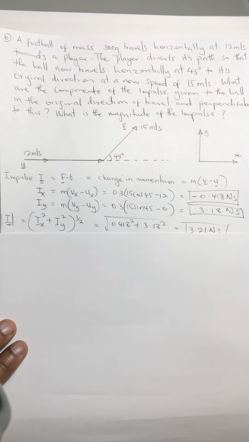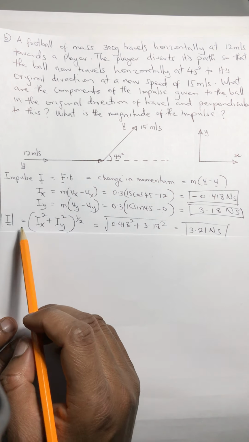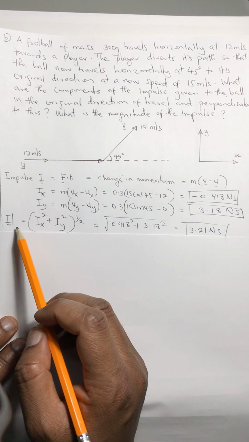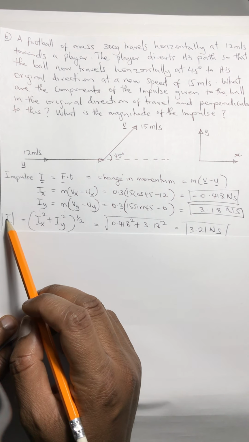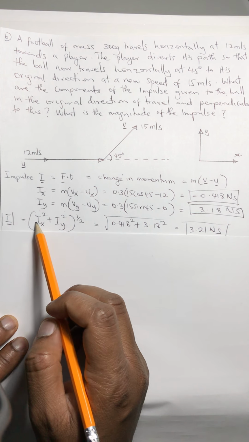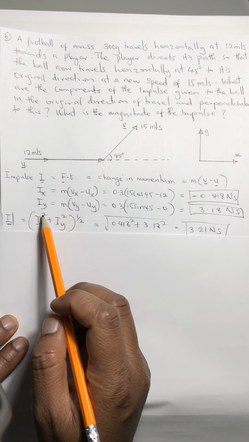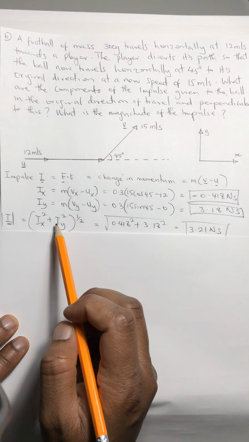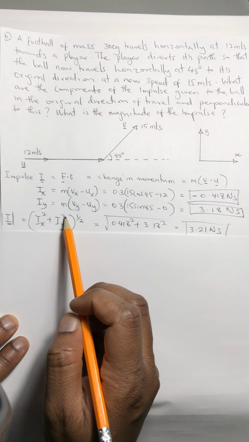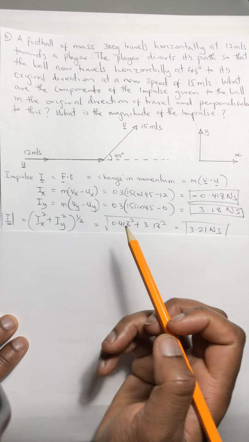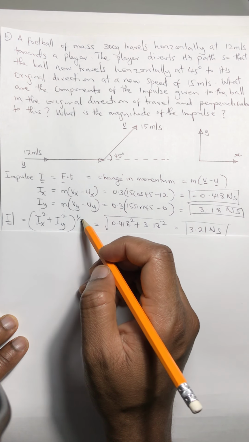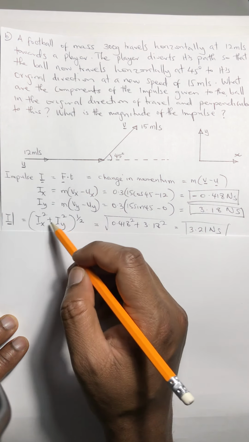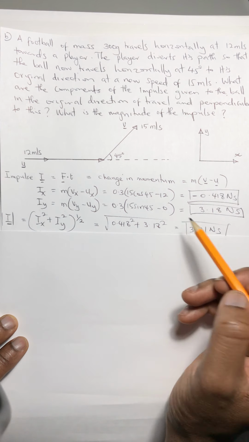Now, to calculate the resultant actual impulse, the magnitude of impulse equals the square root of Ix squared plus Iy squared.